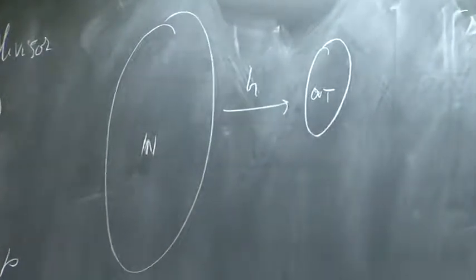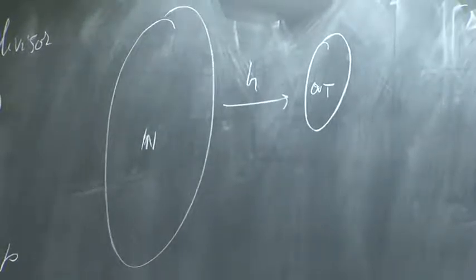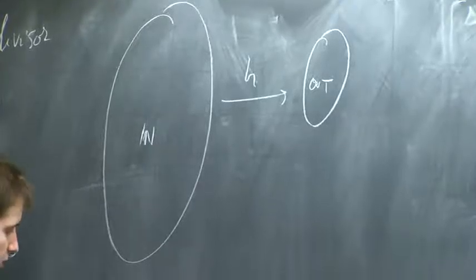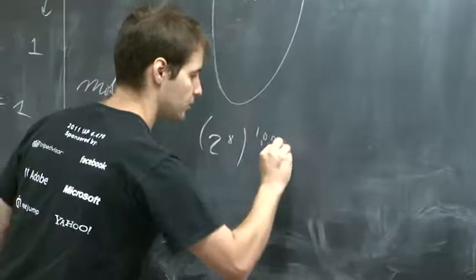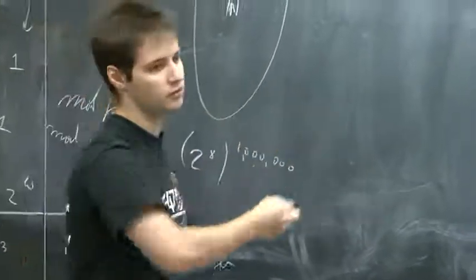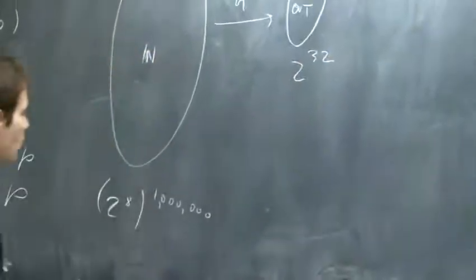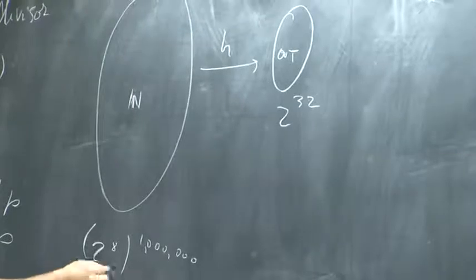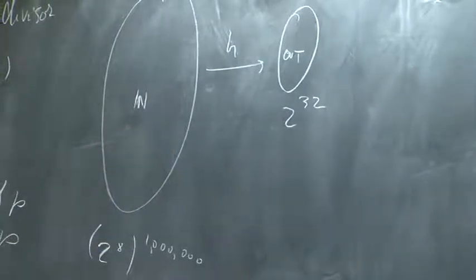And we argued last time that we're going to have collisions no matter what, because we have a ton of inputs and not that many outputs. For example, if we're hashing strings that are 1,000,000 characters, then this is going to be 2 to the 8 to the 1,000,000 possible strings. And then the number of possible values is, if we're using the word size, 2 to the 32. There's no way we can design a function that will take this many inputs, map them to this many outputs, and not have collisions.